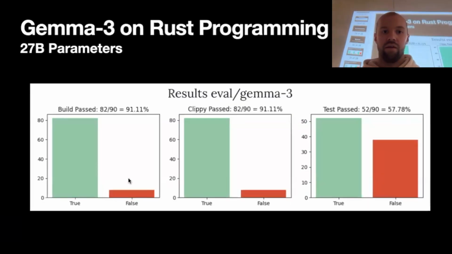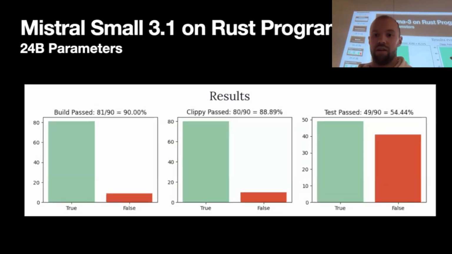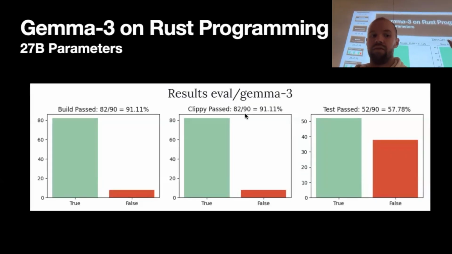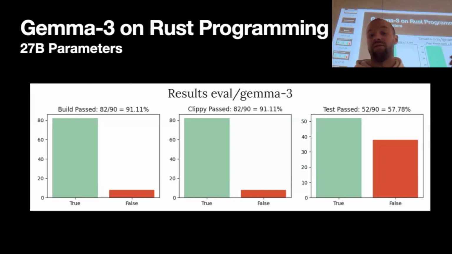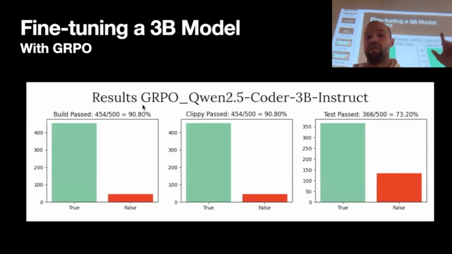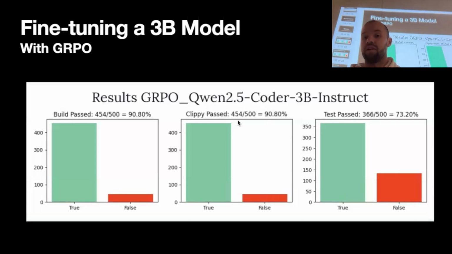Did the same thing with Gemma-3, and it was slightly better than Mistral, at least on these 90 questions. It got up to 57% instead of 54%, and passed the build a few more times. And the final one, I was comparing these to the 3 billion parameter model that I fine-tuned with reinforcement learning, and it could even get better than those.